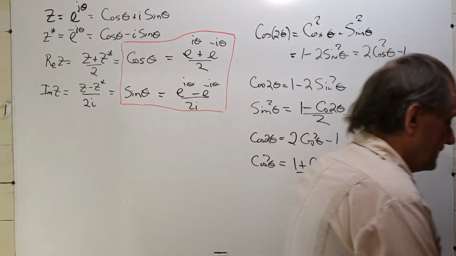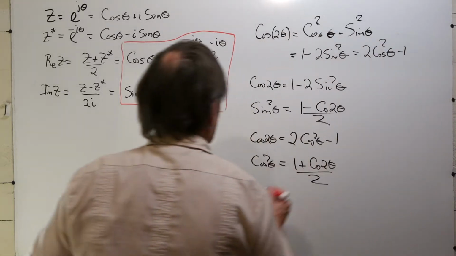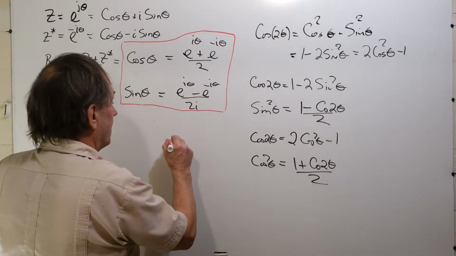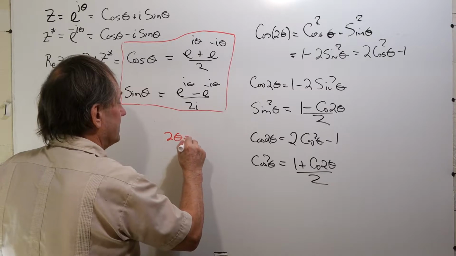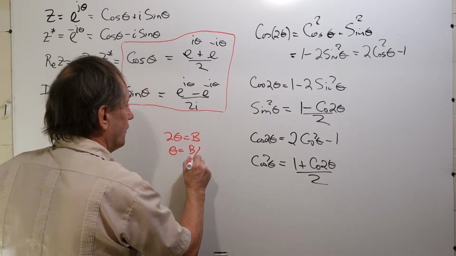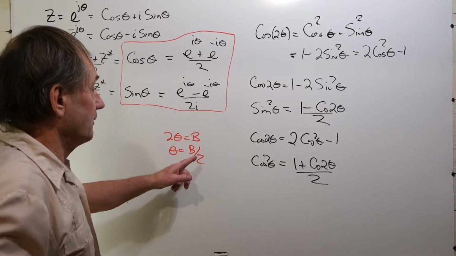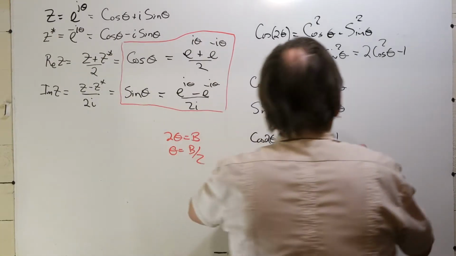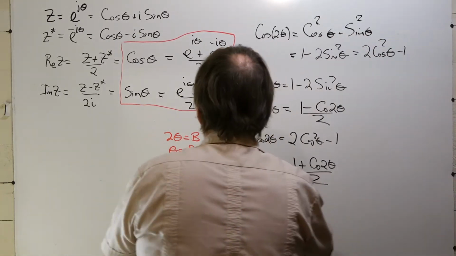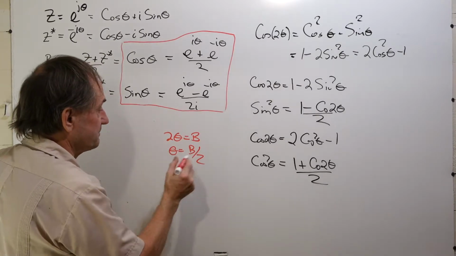Now, in each of these, what we're going to do is make a substitution. We'll call 2 theta equals b, or theta equals b over 2. So wherever I have theta, I put b over 2. And so what we have here then is cosine 2 theta. 2 theta just becomes b.